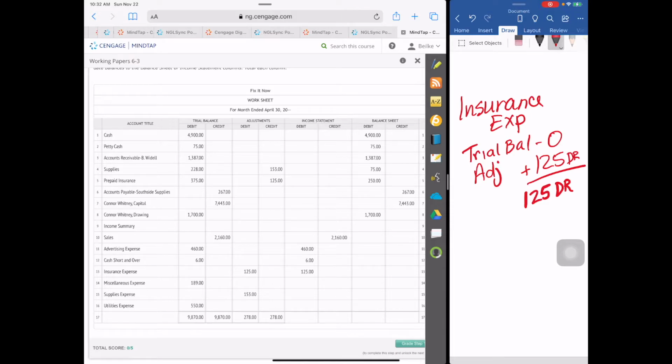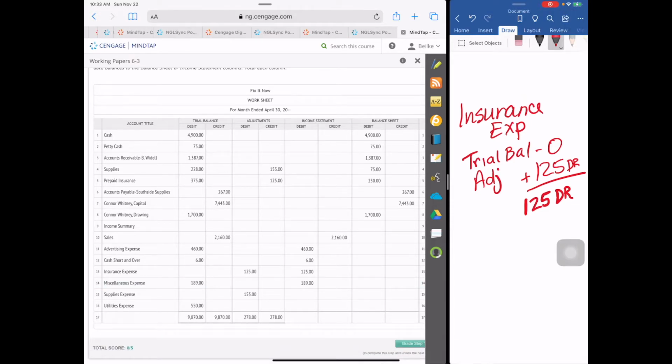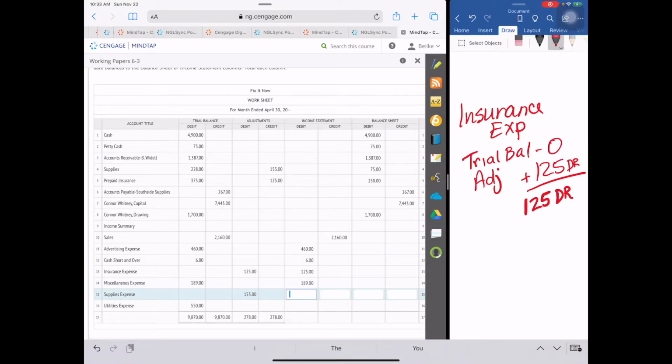Your miscellaneous, 189. Supply expense, you have a trial balance of 0. You have an adjustment of 153.